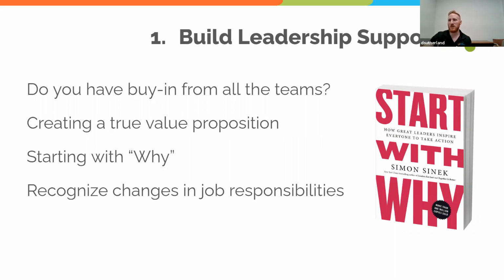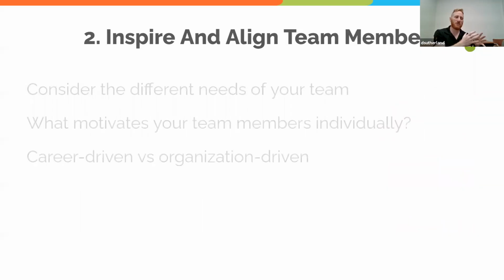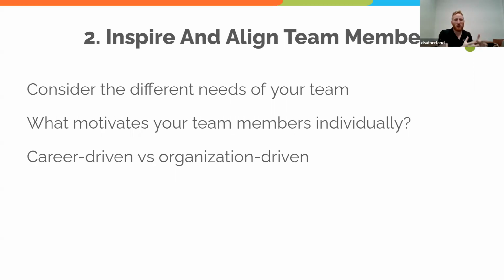So with that being said, the second real big thing, once you identify your why for your organization from a speed to market perspective, a cost perspective, and you've talked to your leadership about that, the second hurdle is this: even if you get leadership bought in, I'm sure we've all run into this before in our organizations. You might have different types of team members.